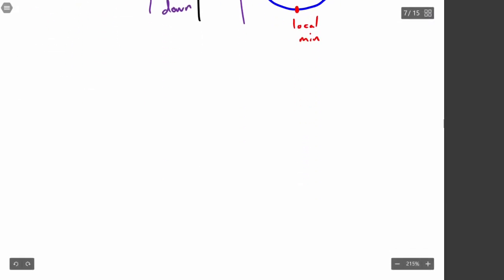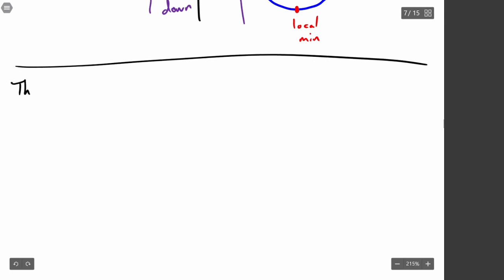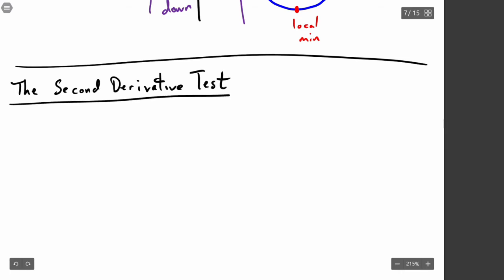Okay. So, second derivative test. What this is here is we're going to suppose f double prime is continuous near c.